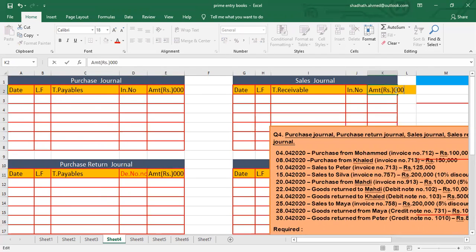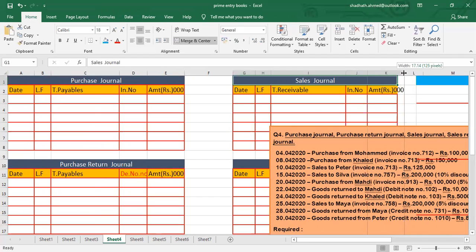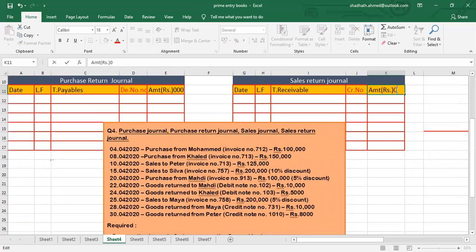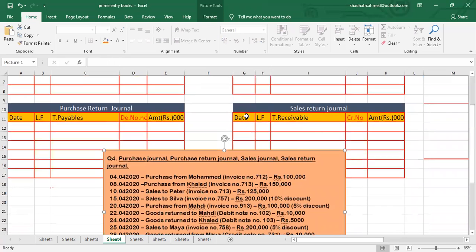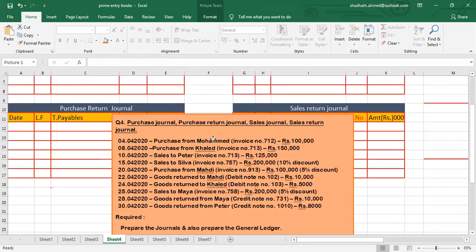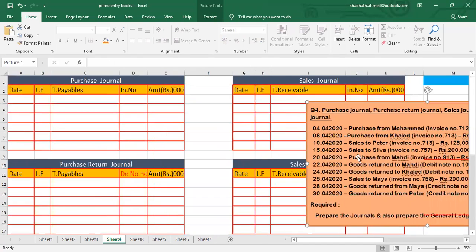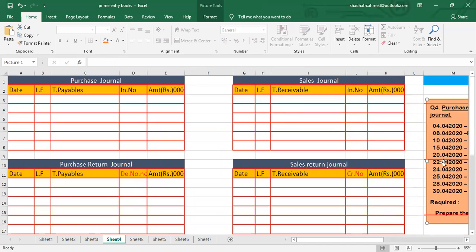Then we can easily handle the sum. Sales return journal: date, ledger folio, trade receivable, credit note number and amount. Okay, directly we come to the question. The format of all four journals is given here.